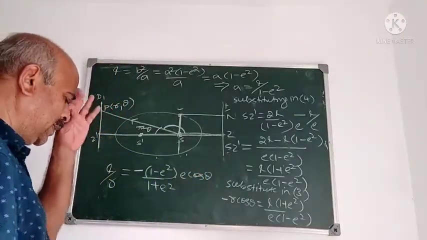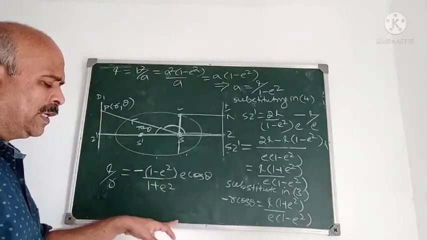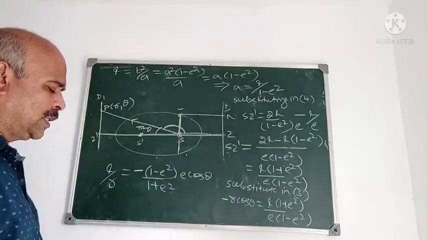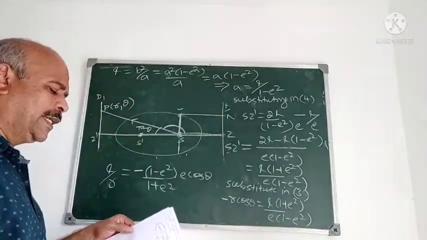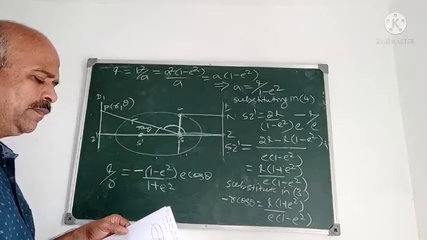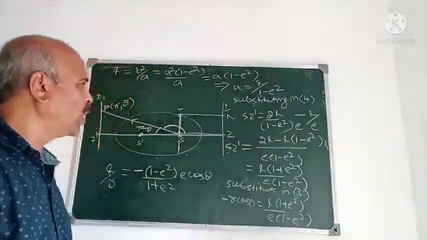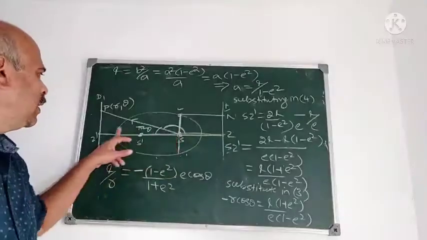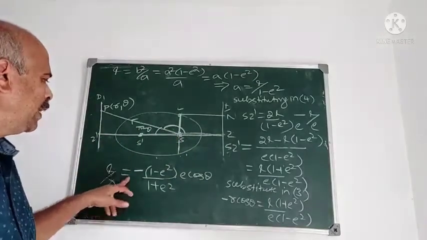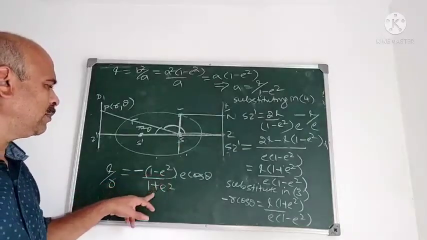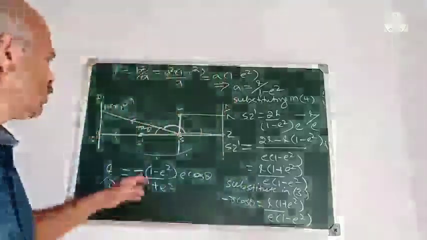This is the equation of the directrix with respect to the focus other than the pole. What is this? It is the equation of the directrix.